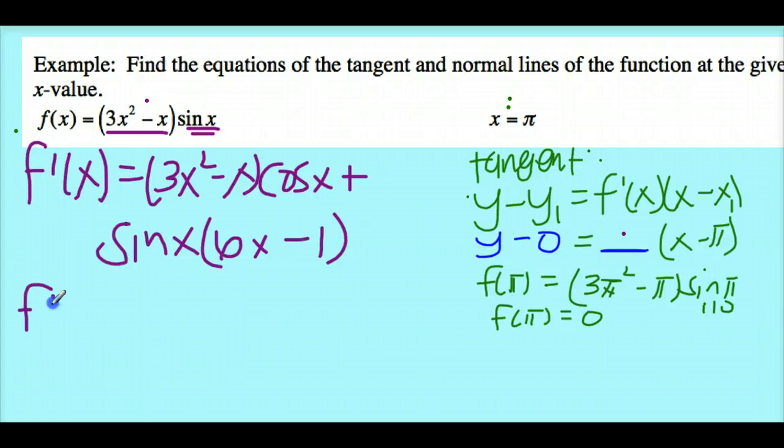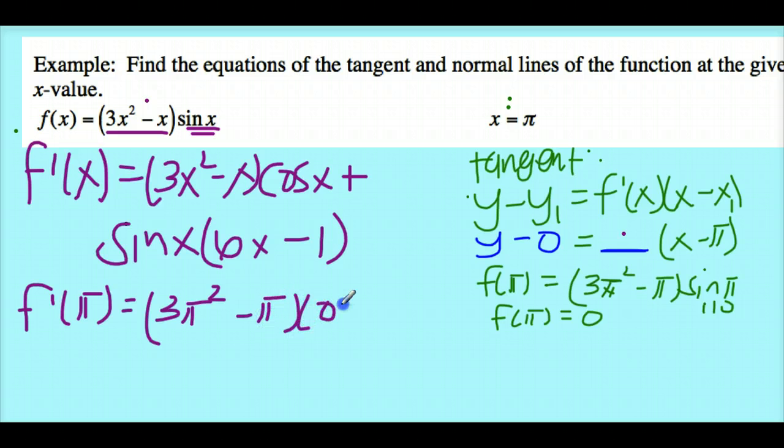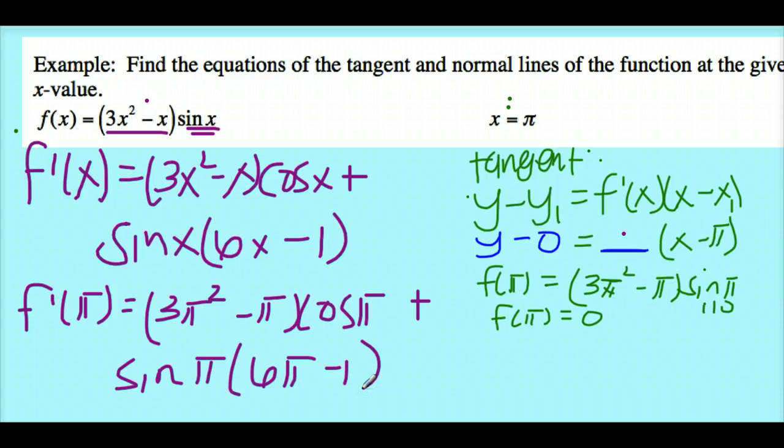So to do this, I get f prime of pi is equal to 3 pi squared minus pi cosine of pi plus sine of pi times 6 pi minus 1. Let's take a look at our trig functions again. Sine of pi, we actually just solved for that. Sine of pi is 0, just like what we found here.